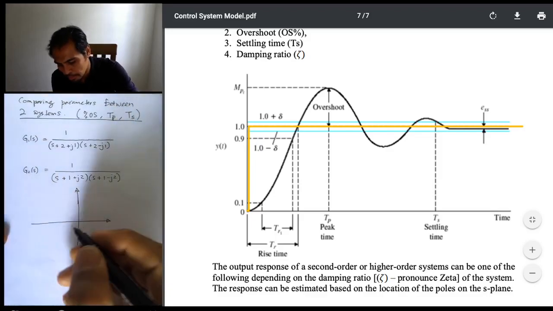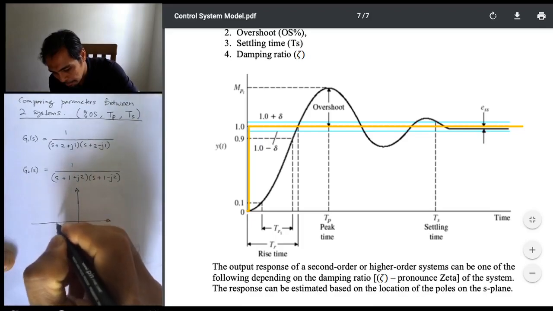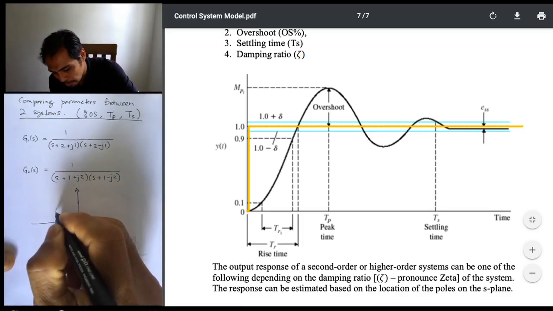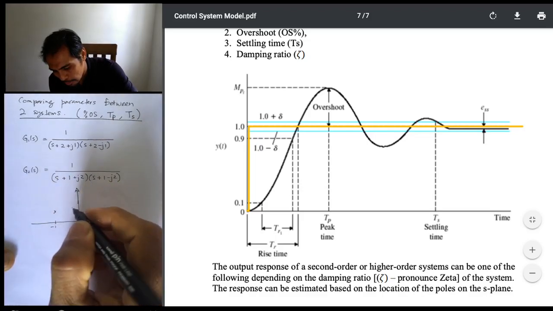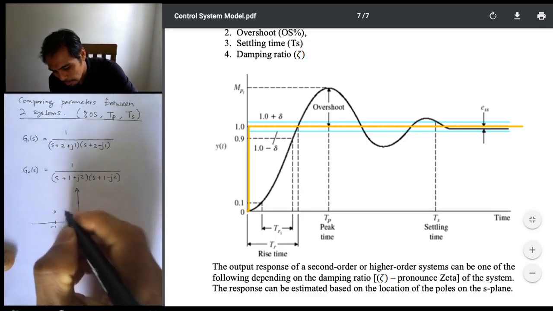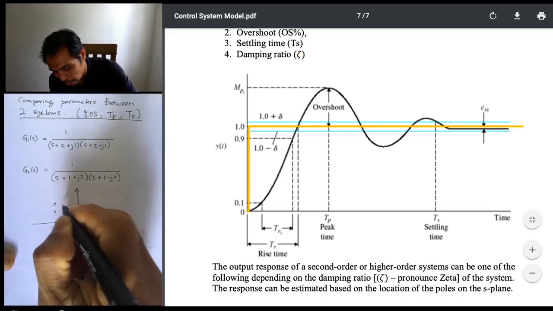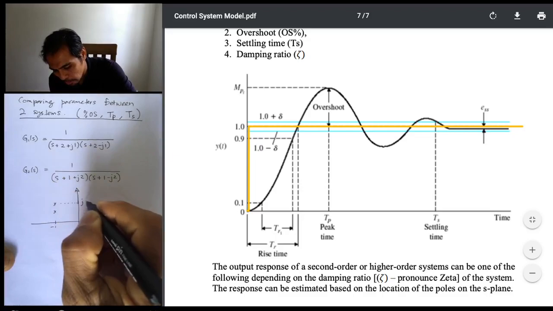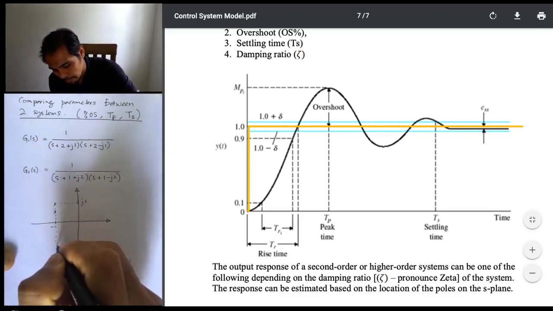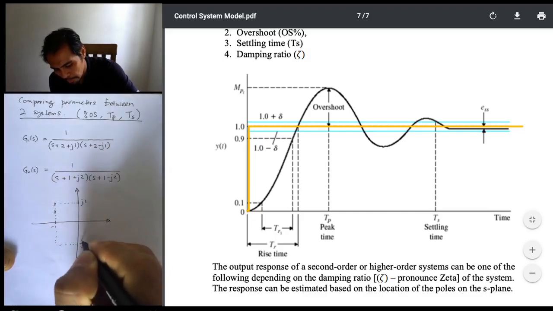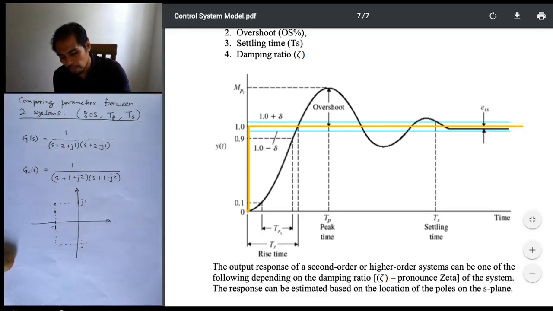These three parameters. The first thing we have to do is plot this. This is -1, and then maybe 1. Let's put j1, minus j1. This is -1. Let's put red color.